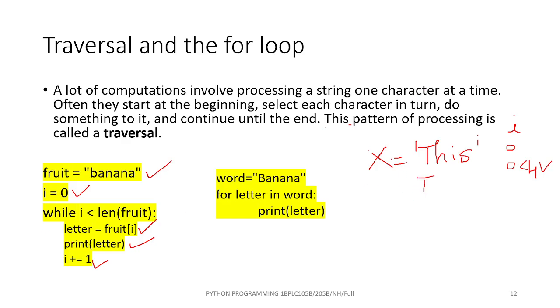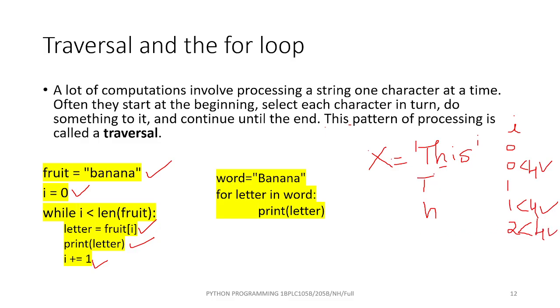It will be printed. I equal to 1: I was 0, plus 1, now it is 1. Is 1 less than 4? Yes. It is true. So the character at index 1 is accessed and printed, I is incremented by 1, and I now becomes 2, which is less than 4. Yes, it is true.